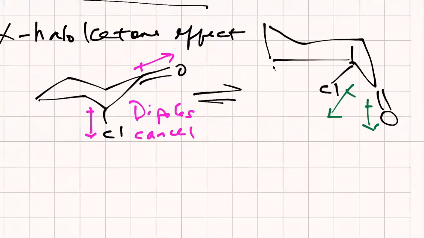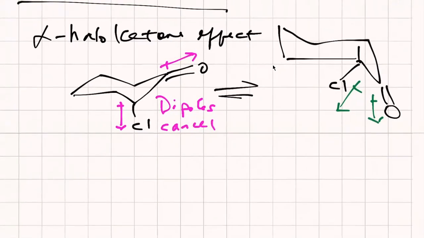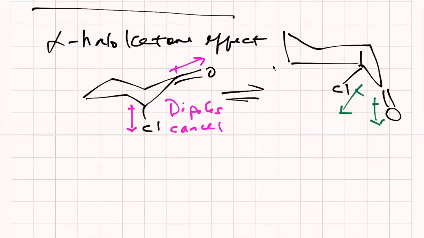So for these 6-member alpha halo ketones, the stability is going to depend on the solvent. In a more polar solvent, you want your dipoles to align, so this is going to be more stable in polar solvents.